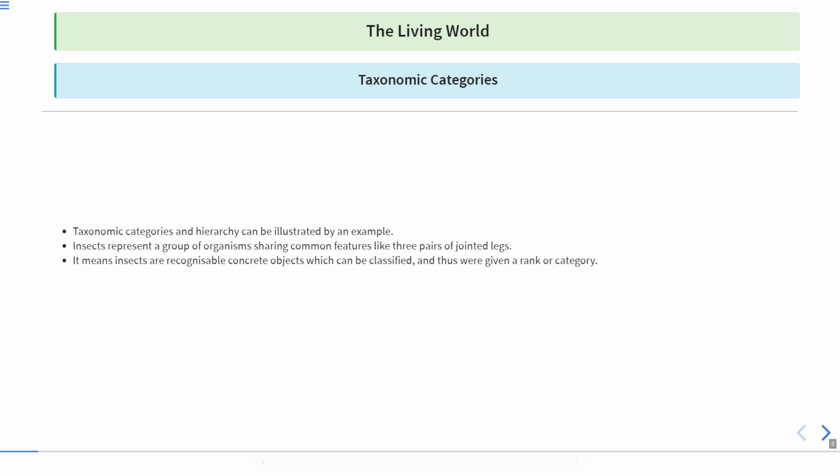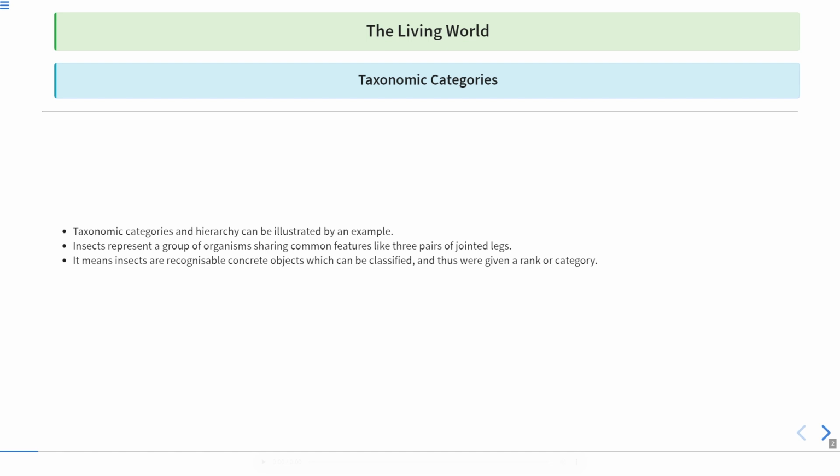Insects are recognizable concrete objects which can be classified, and thus we can give them a rank or a category. How are you identifying the insects? You are identifying them on the basis of one characteristic: three pairs of jointed legs.